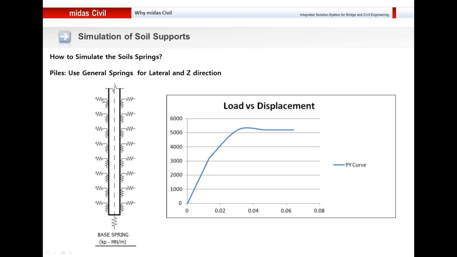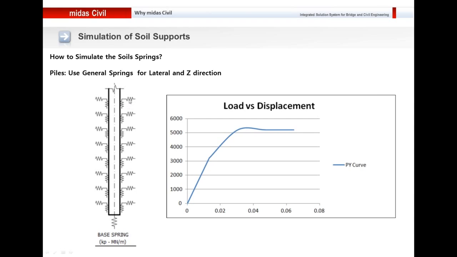So here what we will do is we will apply 3 sets of springs. The first spring will be the base spring, which would be the end bearing spring. Then we would have springs that would laterally apply the support to the pile. As you can see here, this is the pile, and if it goes in the left direction, this spring will get activated and it will restrain that deflection, and if it goes towards the right, these springs will get activated and they will not allow the movement of the pile towards the right direction.